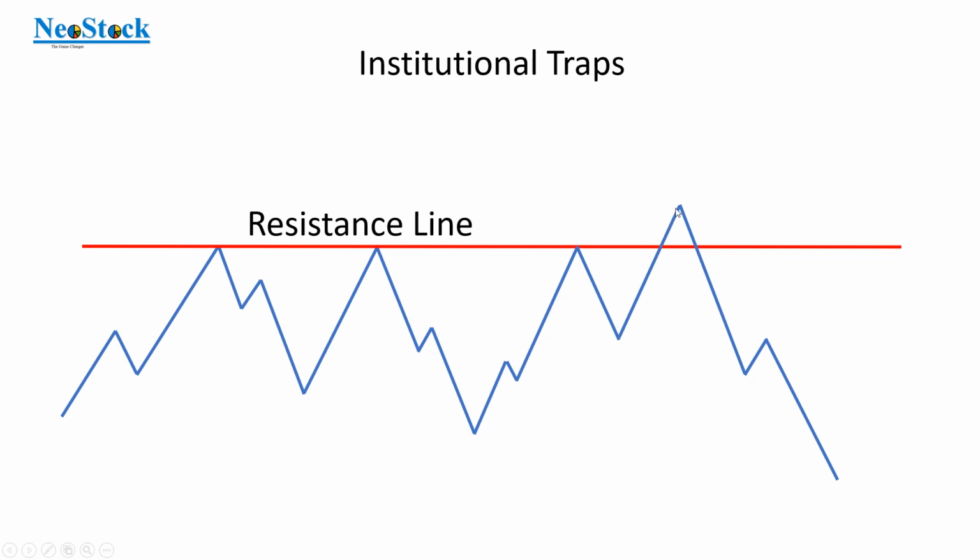So all the bulls are trapped here. Whatever the long trades, all these long trades are captured by the bears. Once there are no more long trades, they push the market down. So these kinds of traps you need to understand. That is what we are going to discuss in this video.